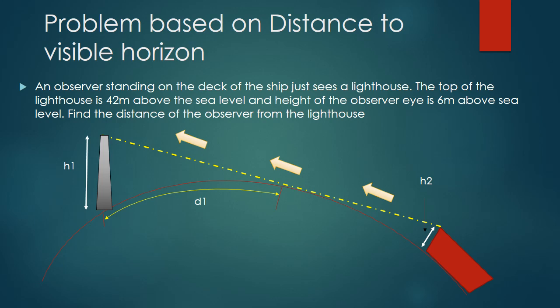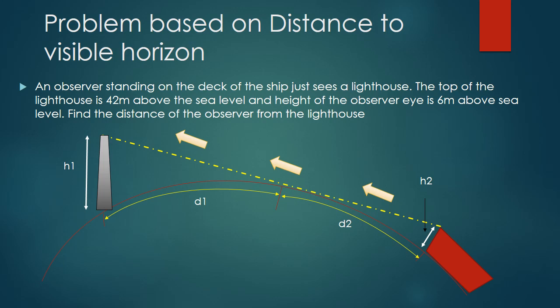Now d1 is the distance of the lighthouse to the visible horizon, and d2 is the distance to the visible horizon from the deck of the ship.